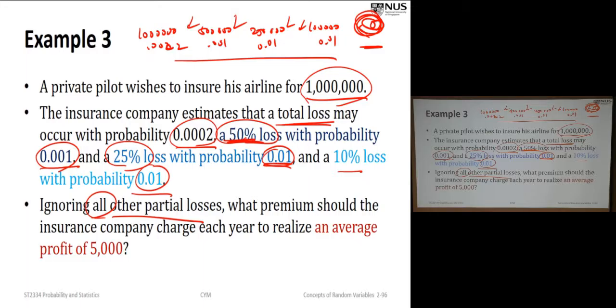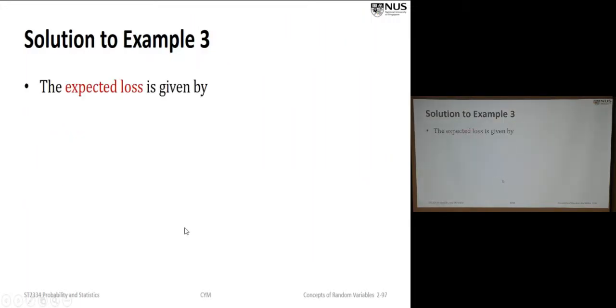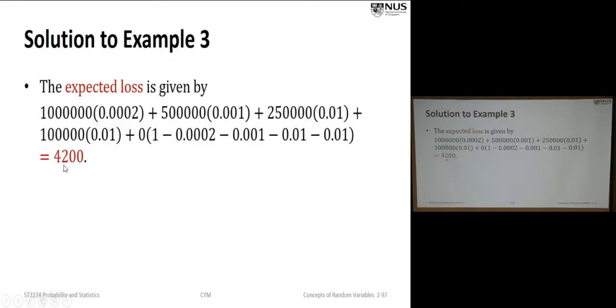But the insurance company will also charge an additional amount to make a profit. That's what we are asked to do. So the expected loss is 4,200. This is the 0, and this is the probability of getting no loss.